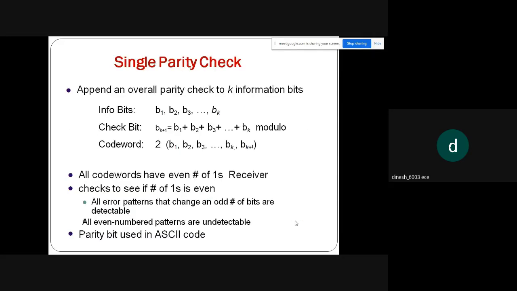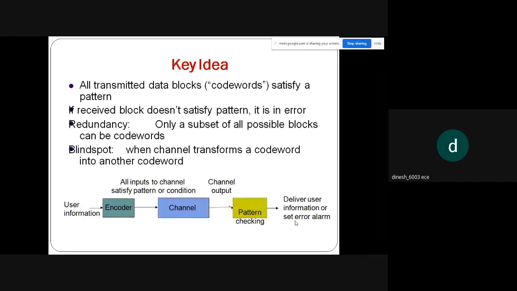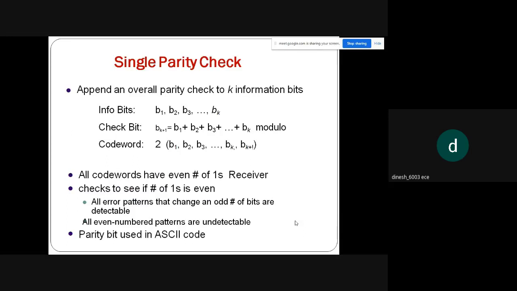So this is a type of checking, single parity check, and most of you are familiar with the parity check. We have two types of parity checking. One is odd parity, second one is even parity.